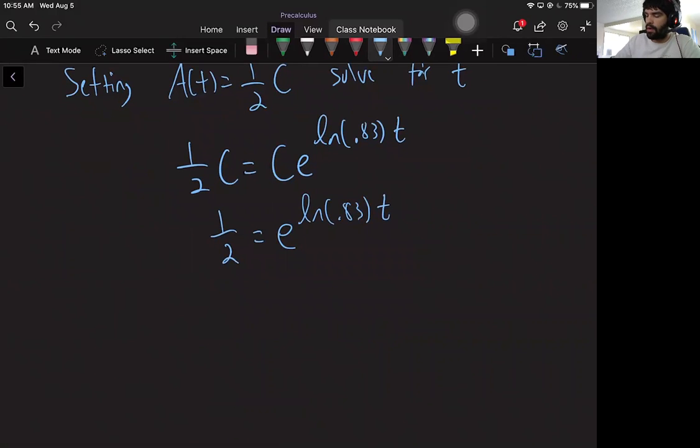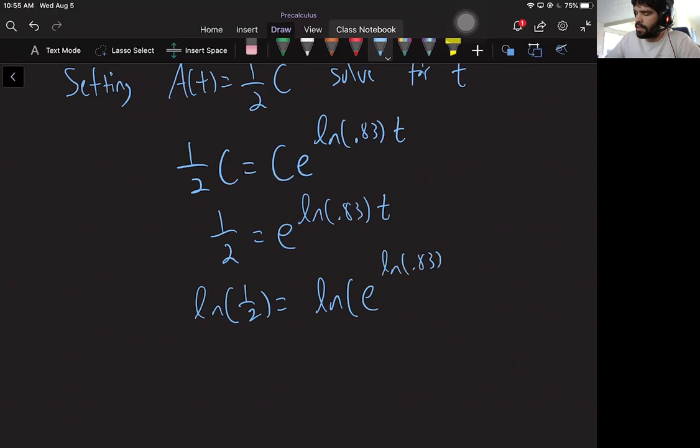I need to bring the power out, which means I have to ln both sides. So I'm going to use ln because I want to use base e as my log, so that this ln and this e will very nicely cancel each other. You don't have to use base e, but it's the easiest.